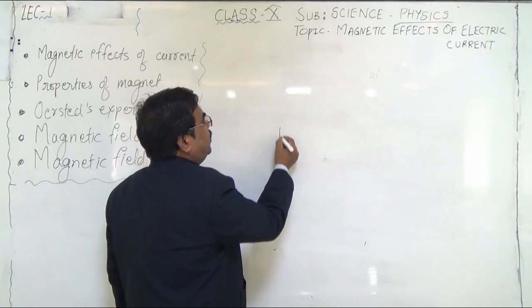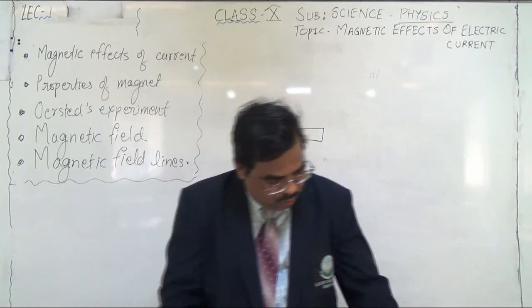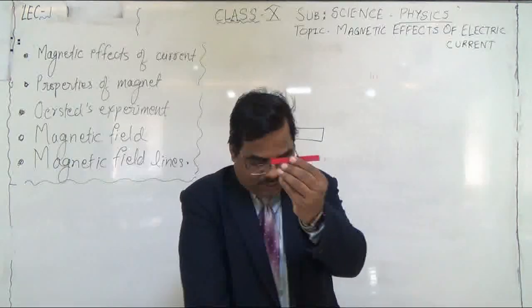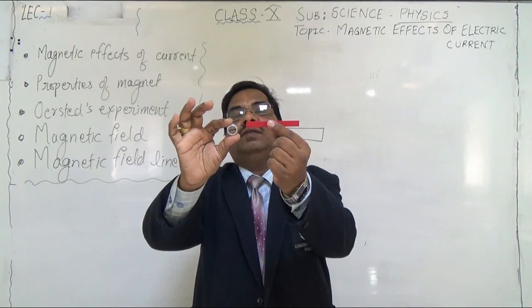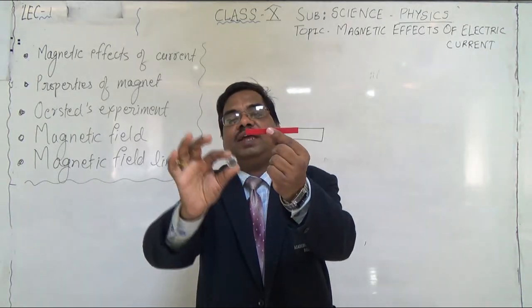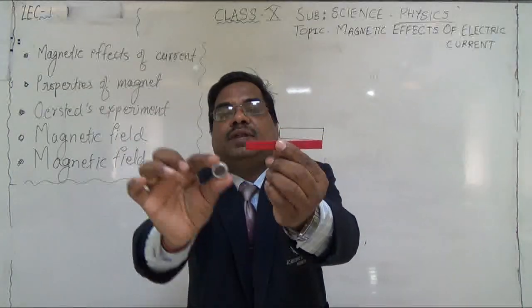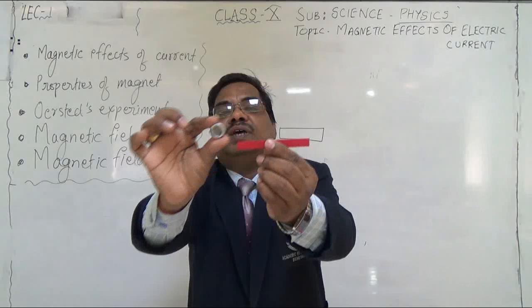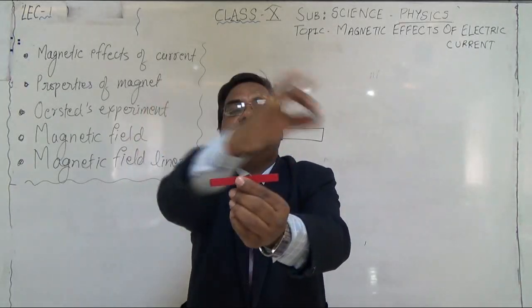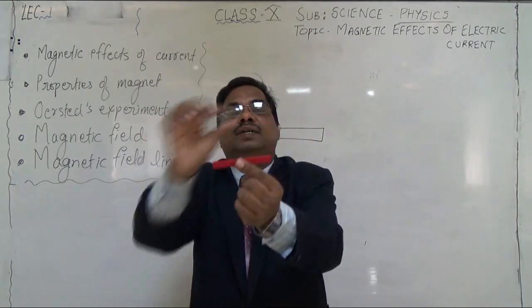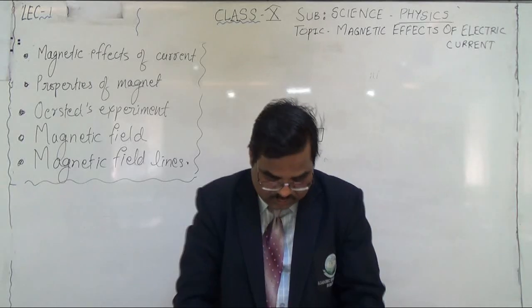Suppose this is a bar magnet. If I bring this needle near the bar magnet, it shows attraction. But if I move it, the direction of the compass changes. So this region around the bar magnet will be called its magnetic field.